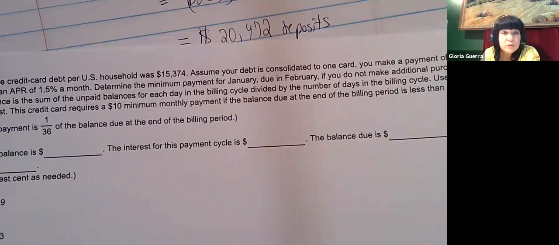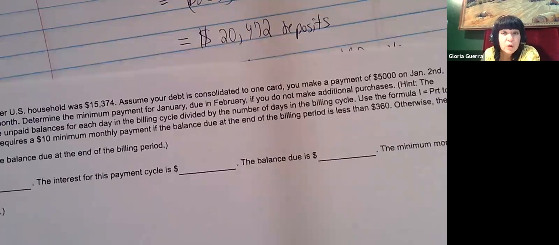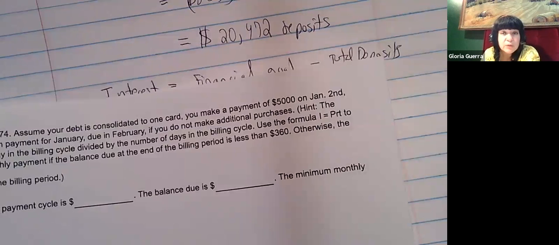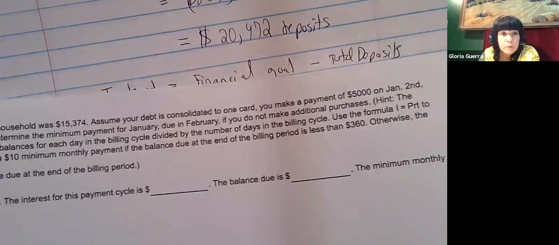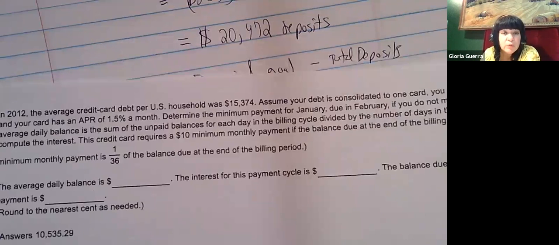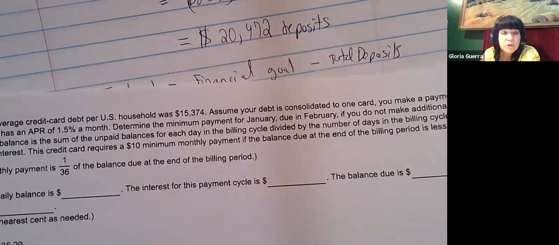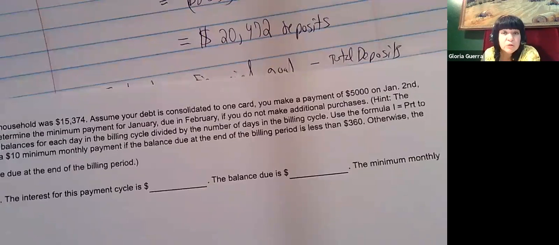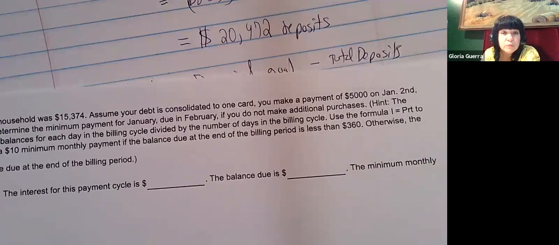Assume your debt is consolidated to one card and you make a payment of $5,000 on January the 2nd, and your card has an APR of 1.5 a month. Determine the minimum payment for January, due in February, if you do not make additional purchases.